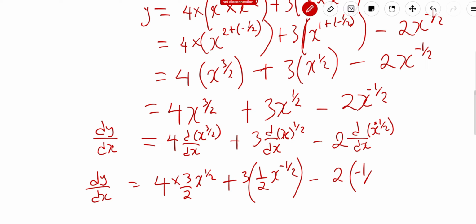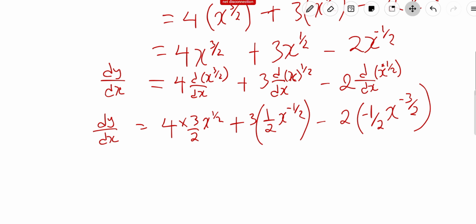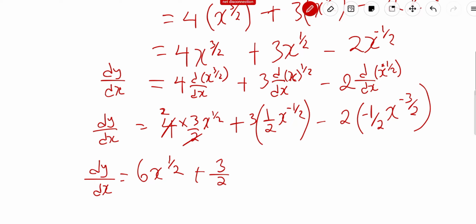So I'll have negative 1 over 2 x to the power of negative 3 over 2. My dy over dx: 2 can go into that, so I have 2 left. 2 times 3 is 6x to the power of 1 over 2, plus 3 over 2 x to the power of negative 1 over 2.